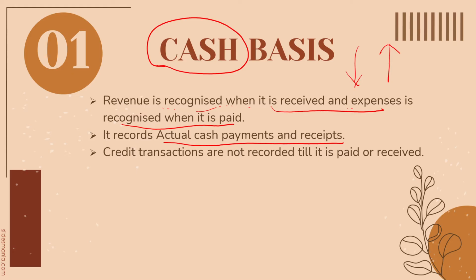So you're not actually paying or receiving money, even though you have sent and bought the goods. Here it is not an actual transaction as per cash basis. It is considered a transaction only when you make the payment to your suppliers and receive the payment from your customers. It specifically ignores credit transactions. This is very important. It doesn't account for credit transactions.